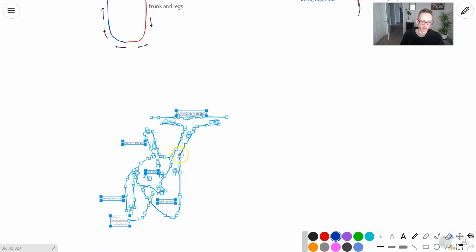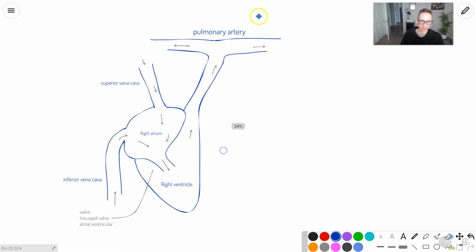Pulmonary artery. This goes to the lungs. Goes to lung, goes to lung.